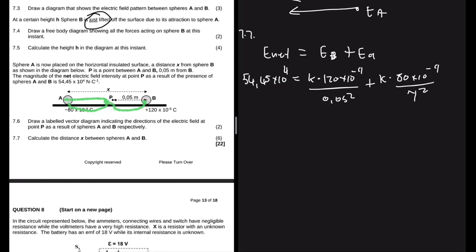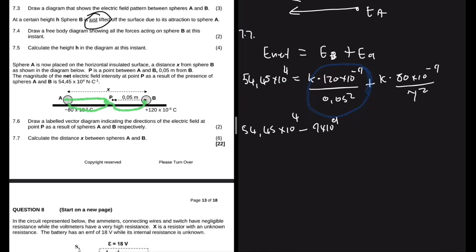So if we do that, we can take this expression here to the left hand side, right? So we're going to have 54.45 multiplied by 10 to the power 4 minus 9 times 10 to the power 9.